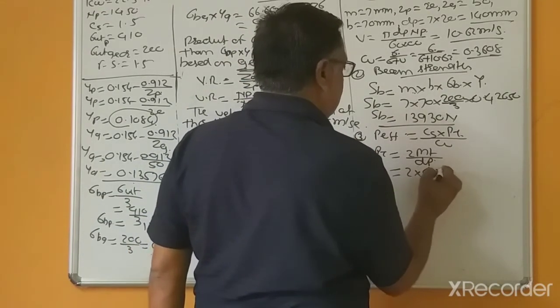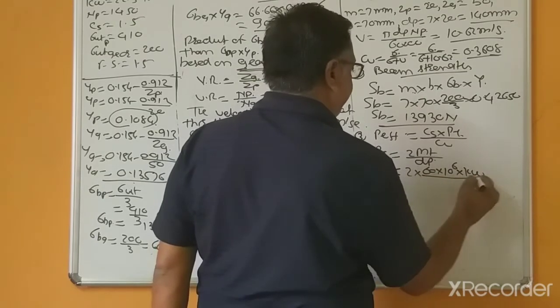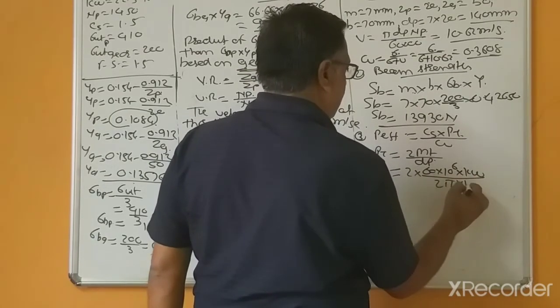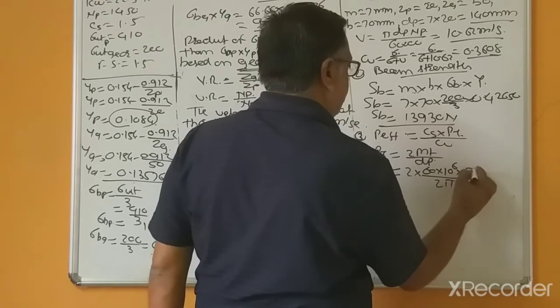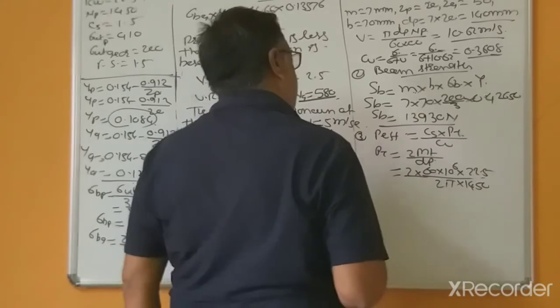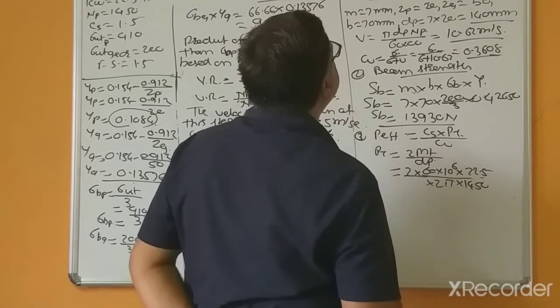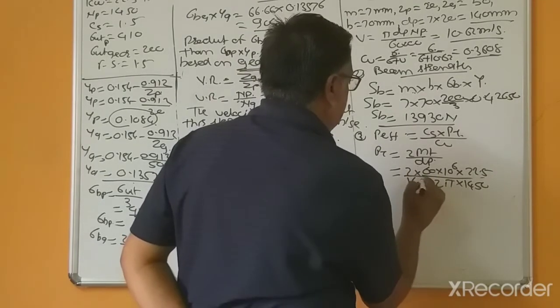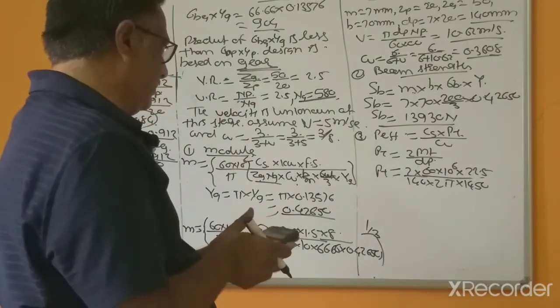MT is 60 into 10 to the power 6 multiplied by kilowatt divided by RPM, this kilowatt 22.5, and this DP, pitch circle diameter for pinions, 140. PT equal to how much?